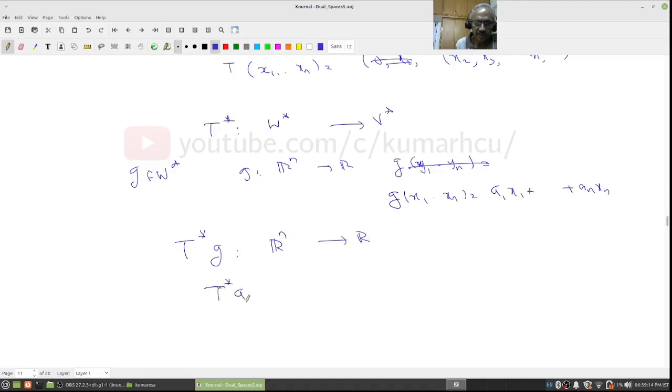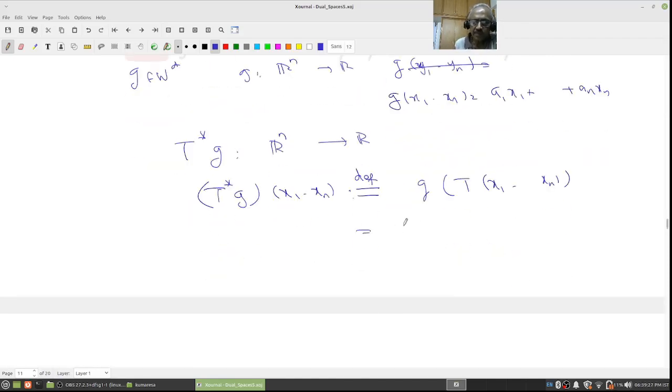That means I have to find what is T star of G acting on x1 to xn. This is by definition G acting on T of x1 to xn, right? But what is this? This is T of x2, x3, xn and 0, and what is that thing? A1 times the first coordinate, A1 times x2 plus A2 times x3 plus an minus 1 times xn plus an times 0.